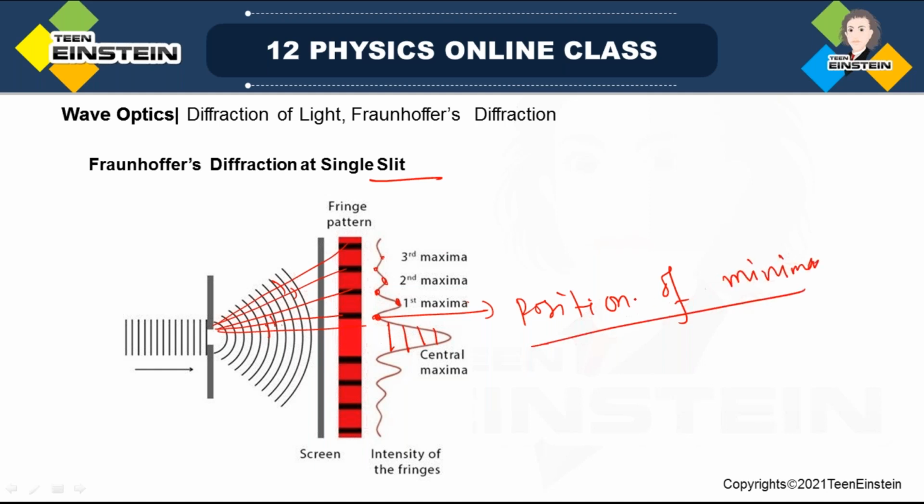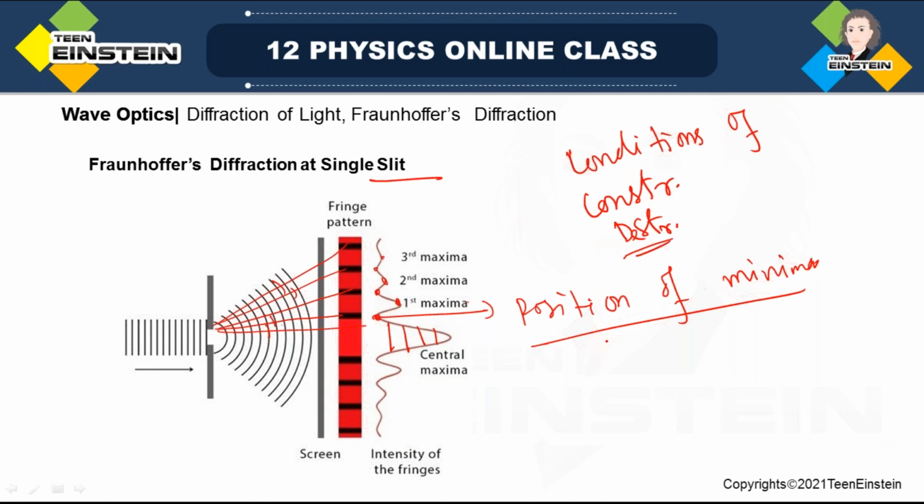How to find out? In fact, we will be learning what are the conditions. Like in Young's double slit experiment we have seen what are the conditions for constructive and destructive interference, right?